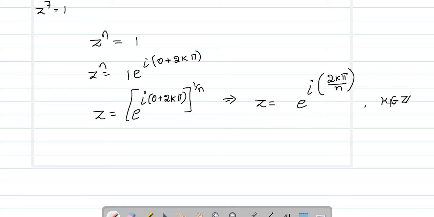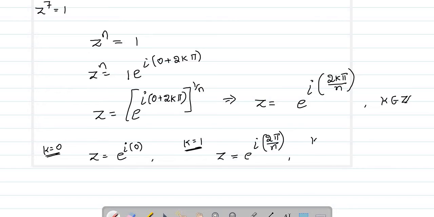So the moment you say k can be any integer, if you observe, we may have infinitely many values. For example, when k is equal to 0, you get z equal to e power i into 0, that is 1. When k equal to 1, then z equal to e power i 2 pi by n.